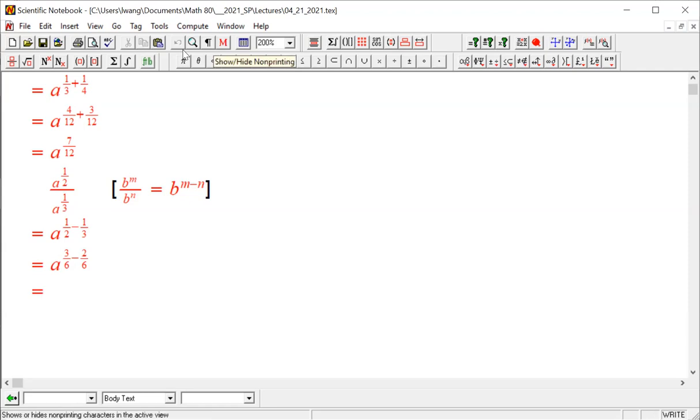So in the end, you're going to get a raised to the power of 3/6 minus 2/6. So that's going to be 1/6.